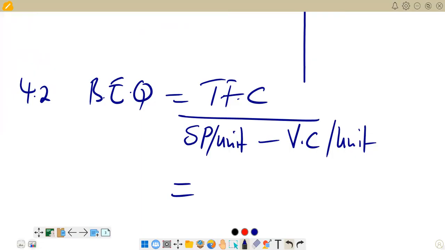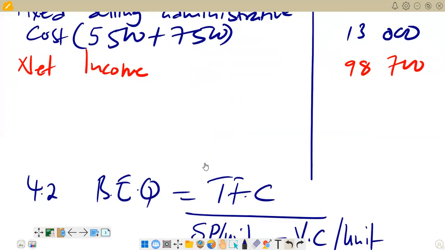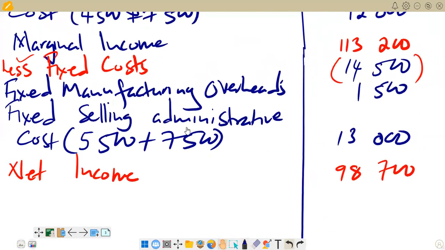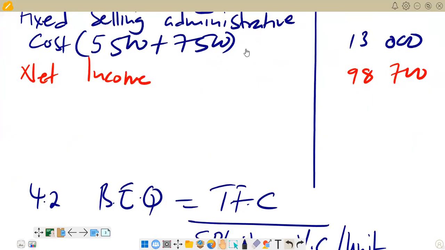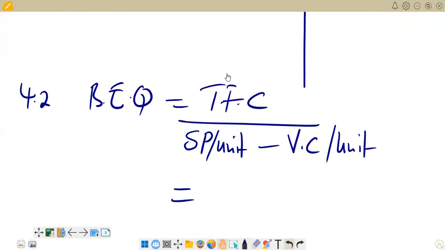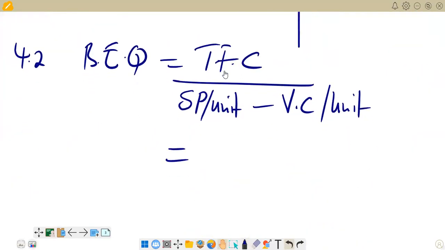If you go to the income statement that we prepared, that's where we are going to have the fixed costs. Remember, we found it as 14,500. So we put our fixed cost as 14,500 as our numerator.